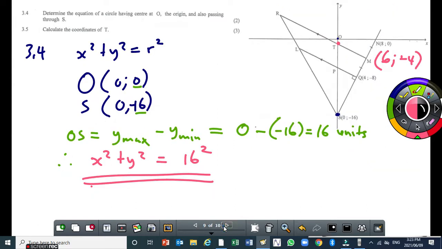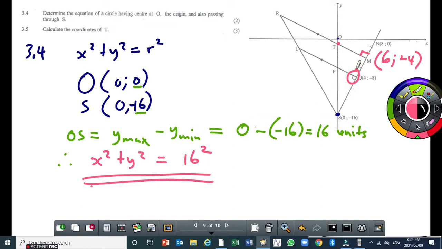NS is from here to there, which means that straight line is perpendicular to RM, because point M is a midpoint. This is even indicated here: if LQ is parallel to RM, it therefore means that RM is perpendicular to SN.